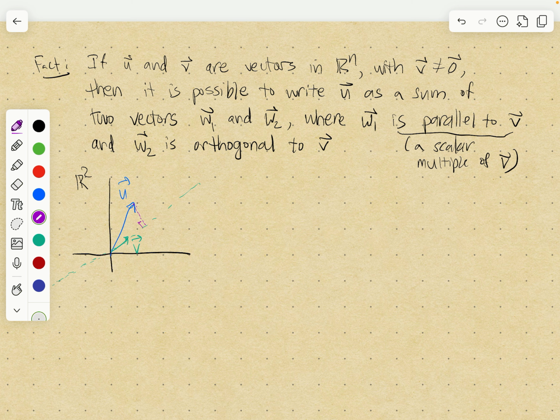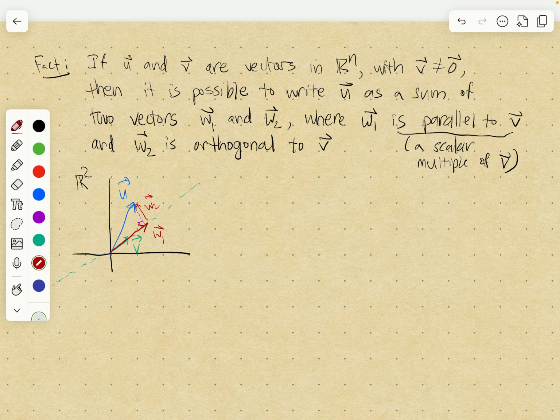So you have this 90-degree angle, and then you have this scalar multiple of v, like this. So this would be our w1, such that when you do u minus w1, this other vector is w2. w1 is parallel to v, and w2 is orthogonal to v, right?